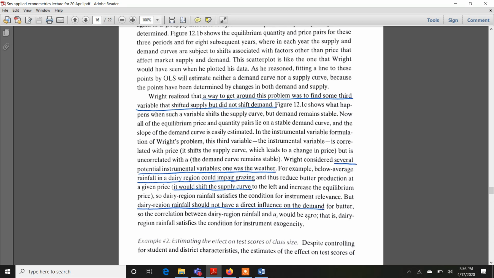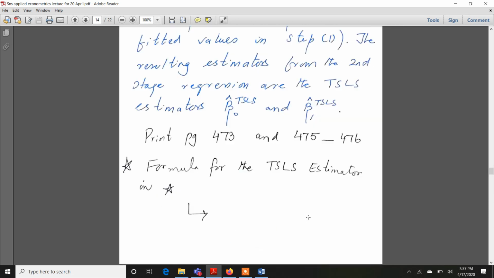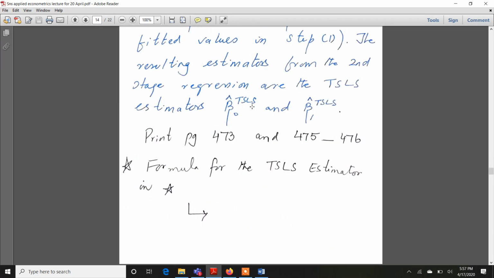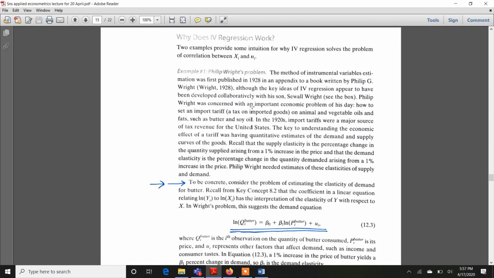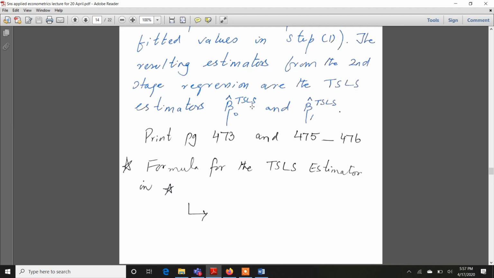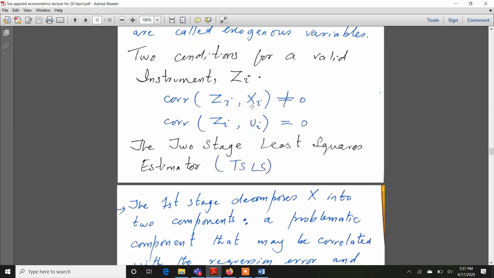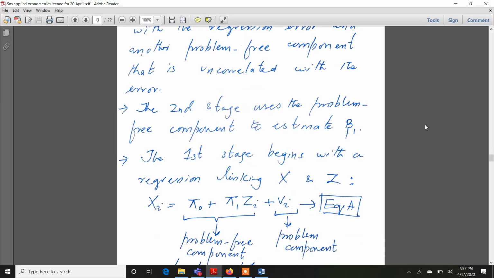If you are confused about this scenario, just go back to the original requirement: the correlation between the instrument and the included regressor is non-zero. So what does that mean here?